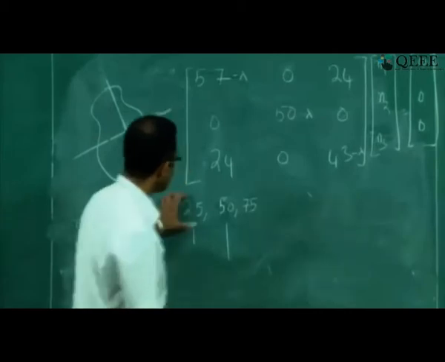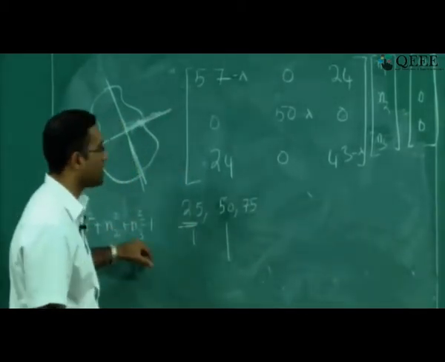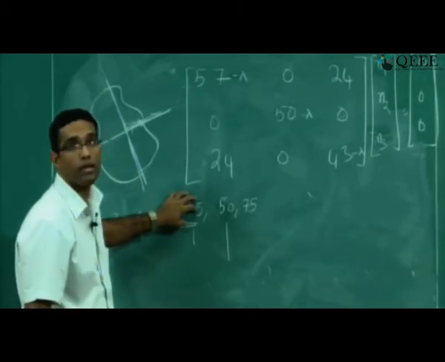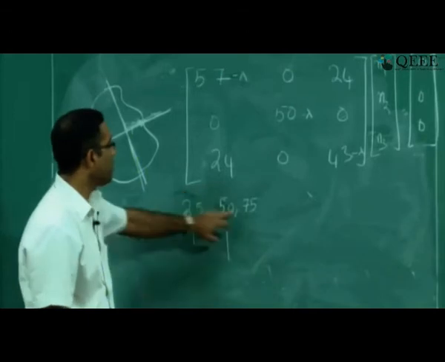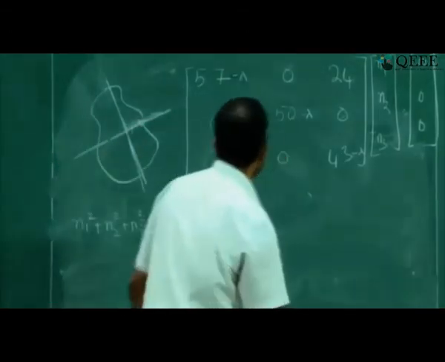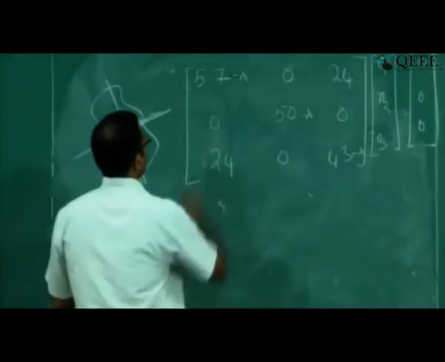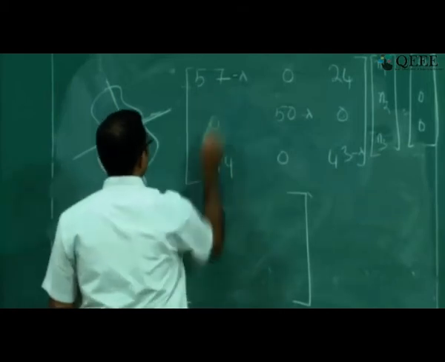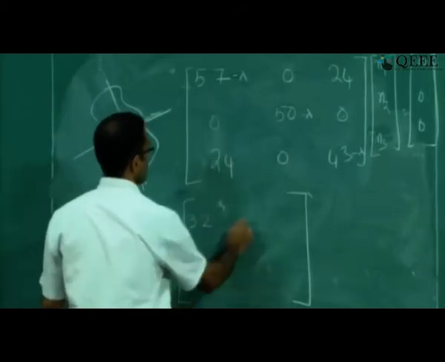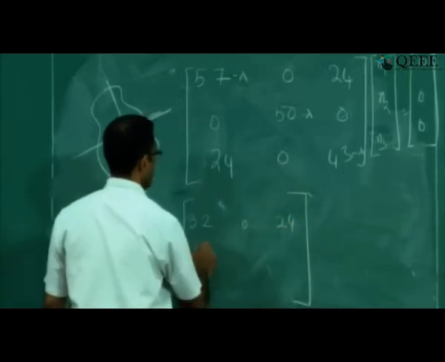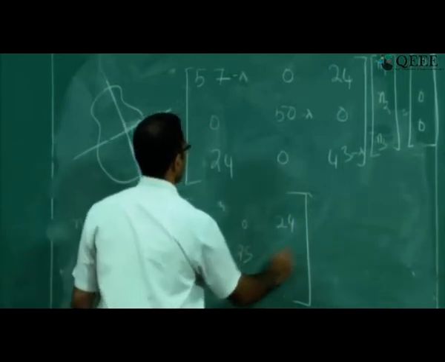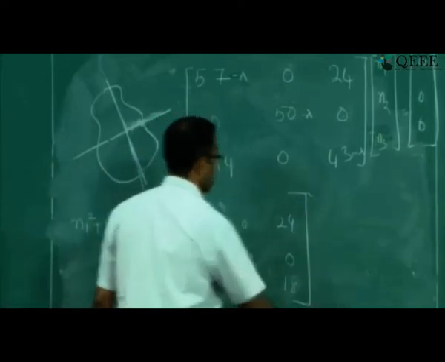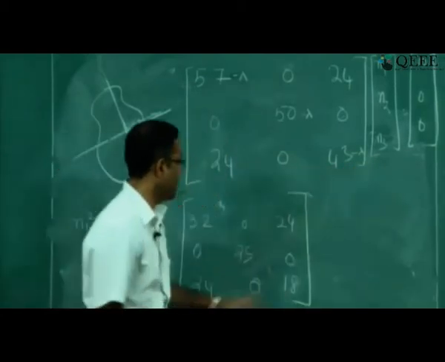Now what I am going to do is first demonstrate how you find out this n1, n2, n3, the direction cosines for this corresponding eigenvalue, that is 25, this corresponding principal stress 25, and you can do the rest. So what we do is, first we substitute this right there, so it becomes 57 minus 25, so you have 32, 0, 24, 0, 25, 0, 24, 0, 25, 18. 43 minus 25 will be 18, times n1, n2, n3.